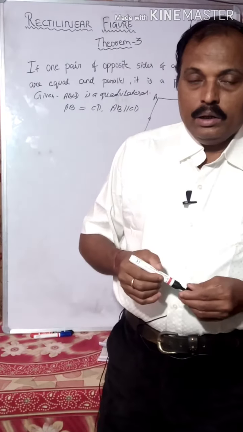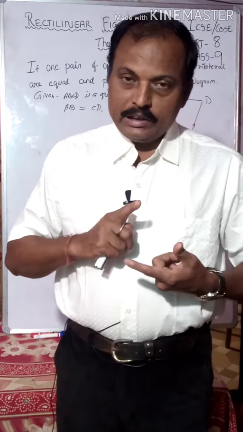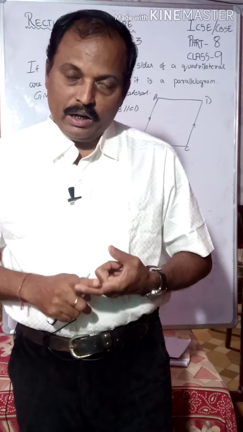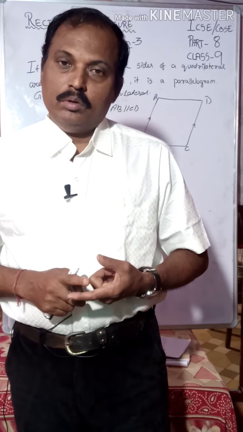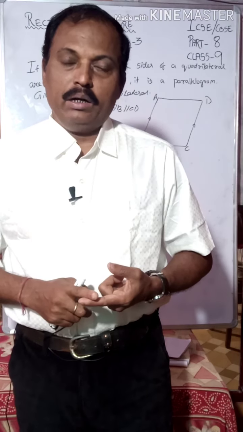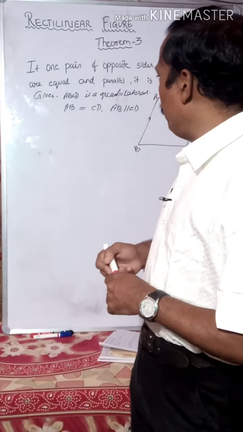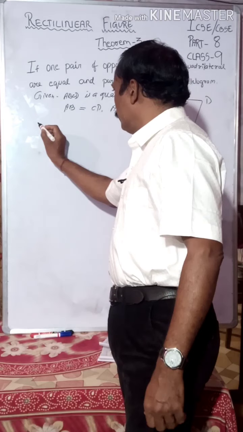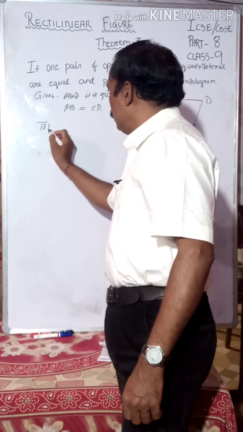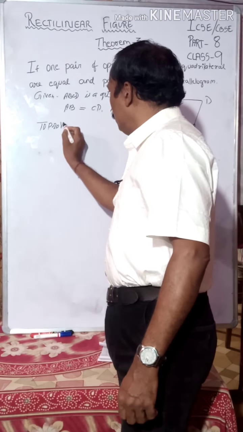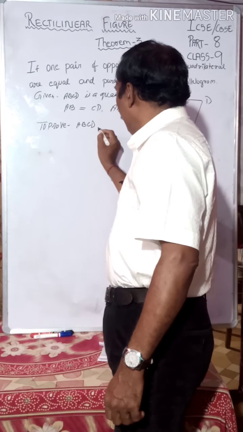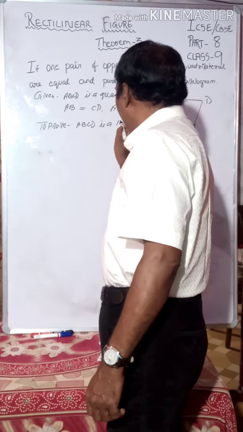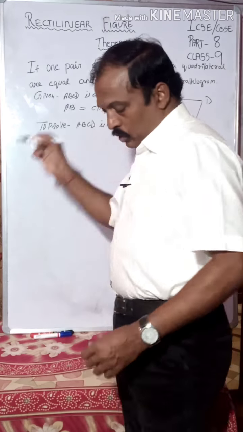If one pair of opposite sides of a quadrilateral are equal and parallel, then it is a parallelogram. So we have to prove ABCD is a parallelogram.